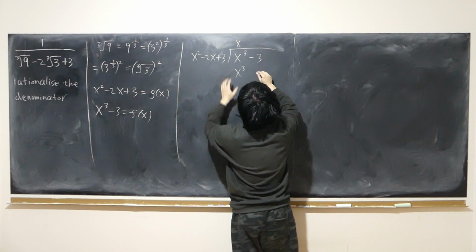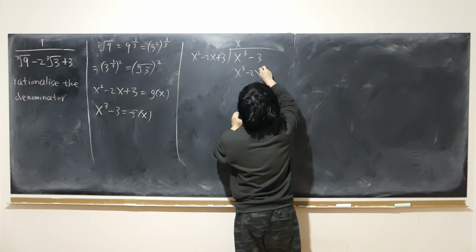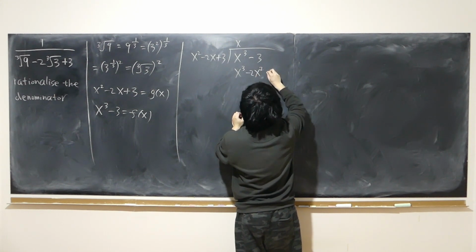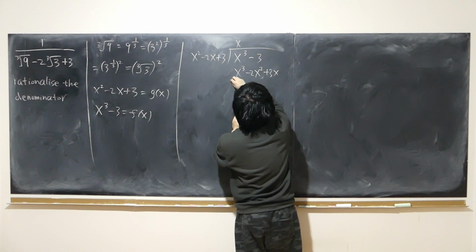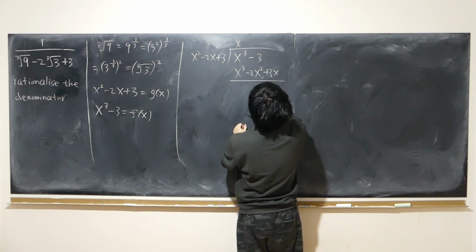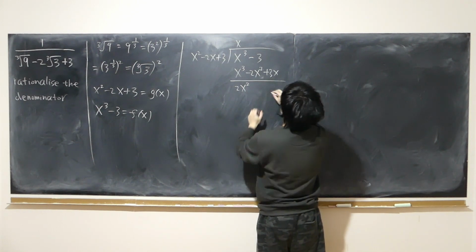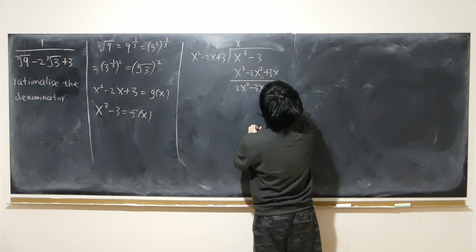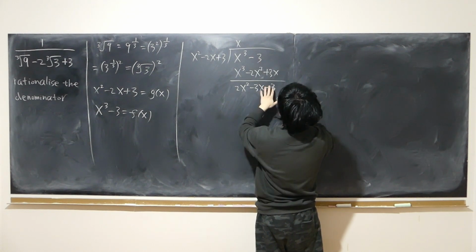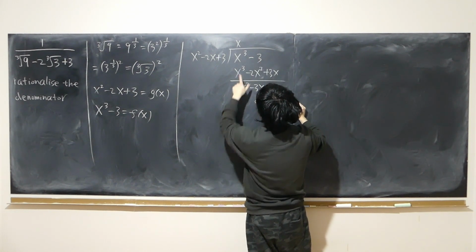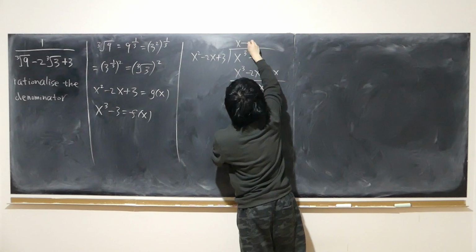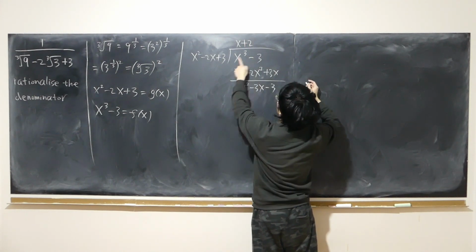And I have minus 2 times x squared plus 3x. So the first term is gone. So I have twice of x squared minus 3x, then minus 3. Don't forget this term. Now if I add 2, then I can multiply by x squared.